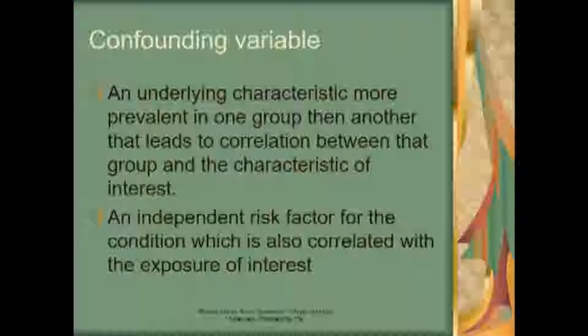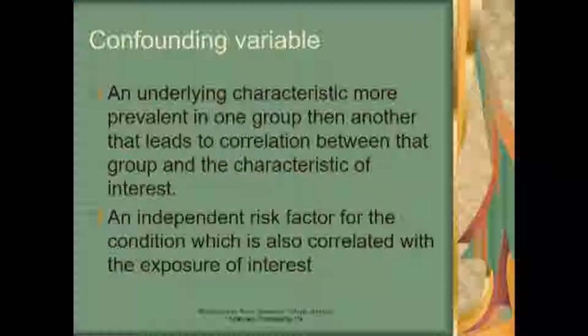As I said in the earlier slide, confounding is when there is something different about one group than another leading to a false conclusion. So a confounding variable therefore is an underlying characteristic more prevalent in one group than another and leads to correlation between that group and the characteristic or outcome of interest.